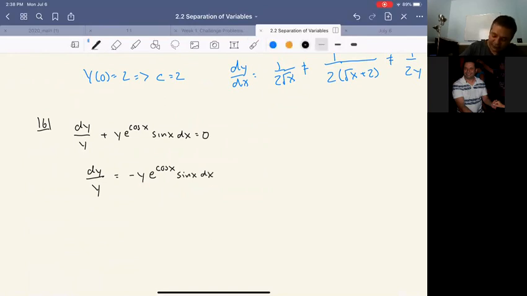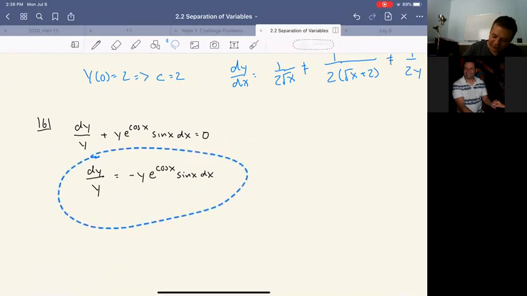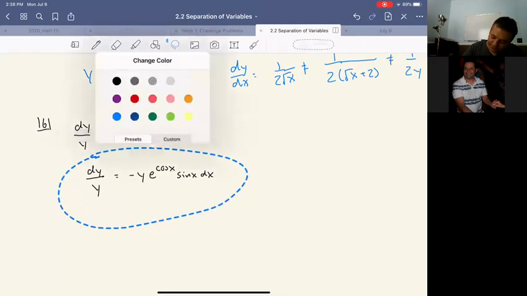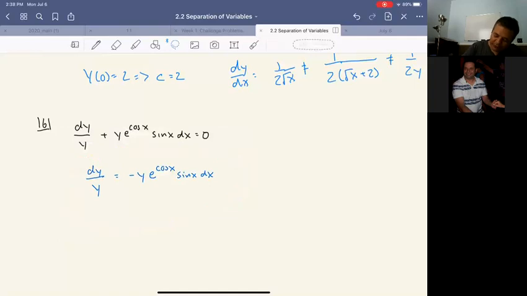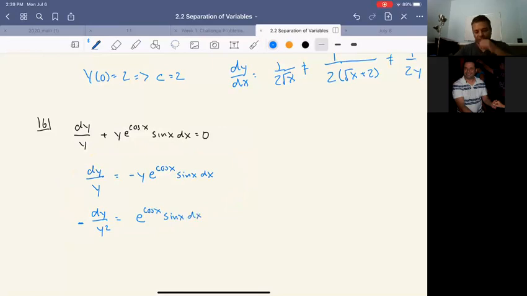So we get dy over y squared, let me put the negative sign here, equals e to the cosine x sine x dx.